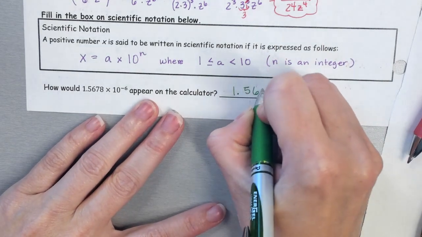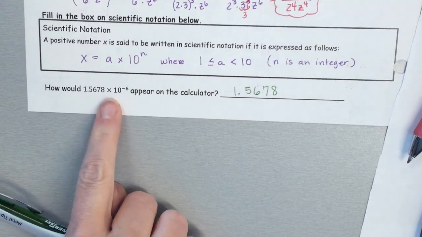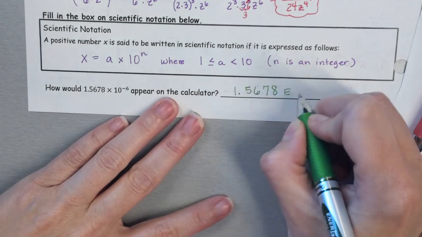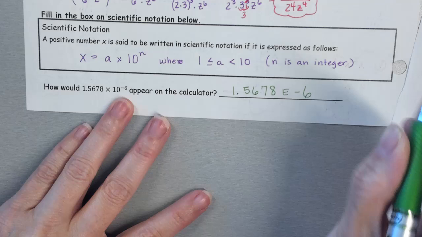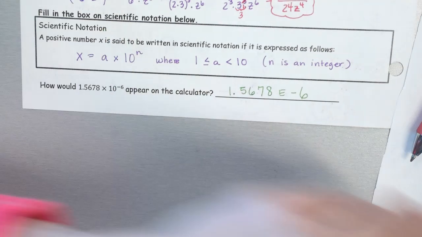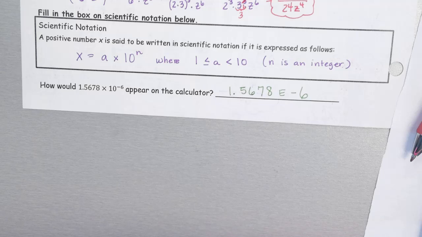Do you guys remember that? Because it doesn't show it like this. It uses a letter. E. Yep. So e to the negative 6 is what that would look like. Okay. And then we're going to talk a little bit about radicals today.